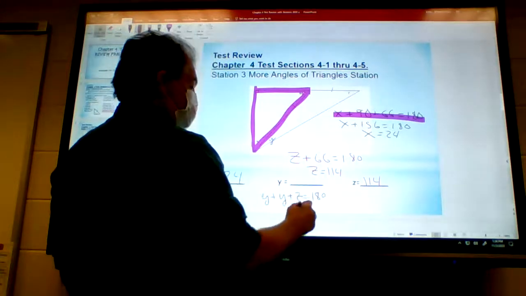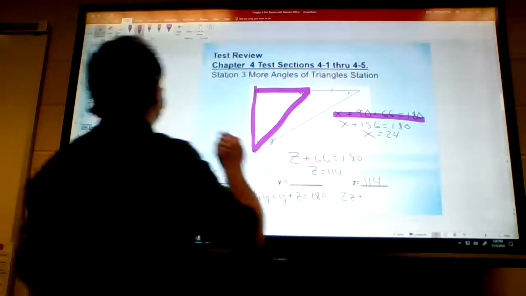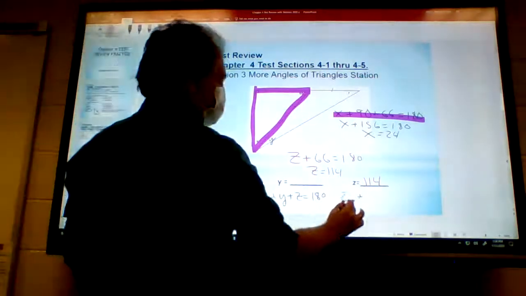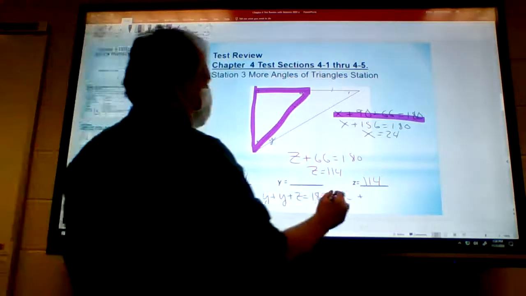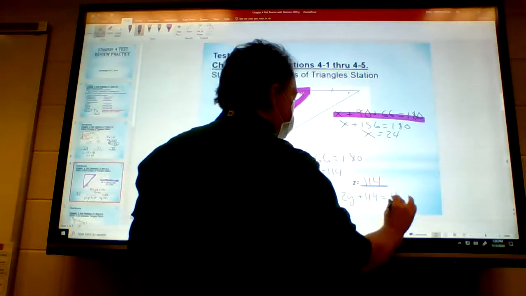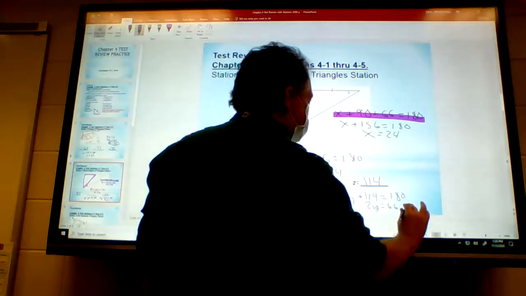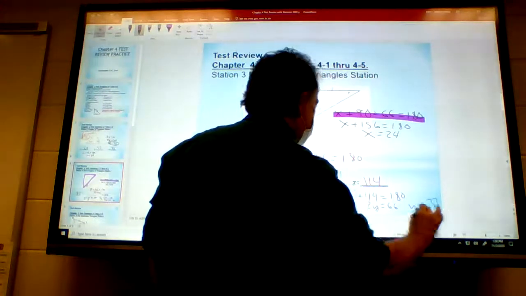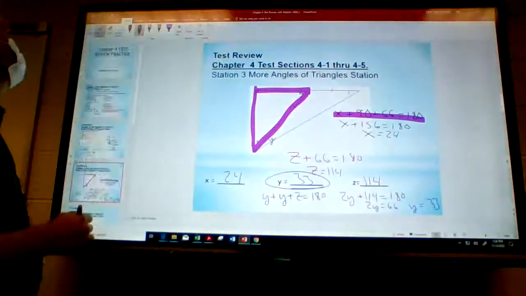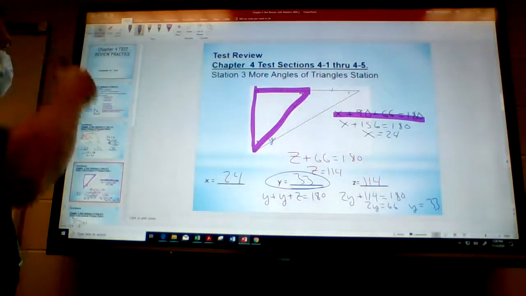Well, we know z is 114, so it's going to be 2y, let me fix that. 2y plus 114 equals 180. So 2y equals 66, which makes y equal 33.